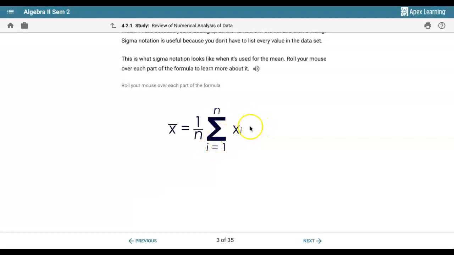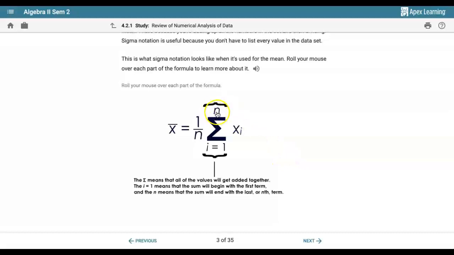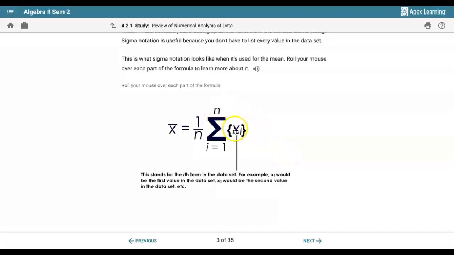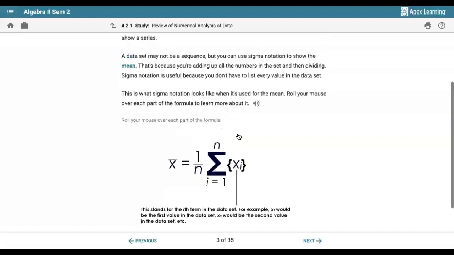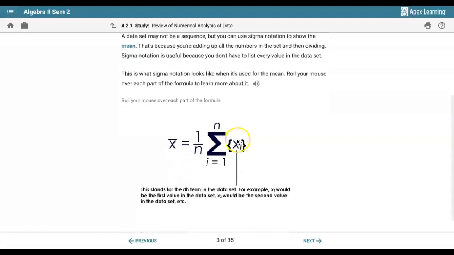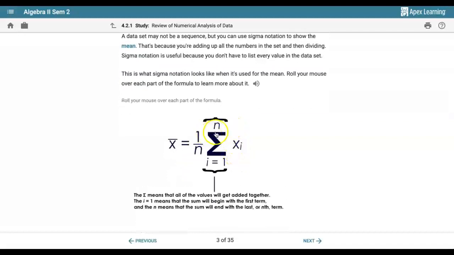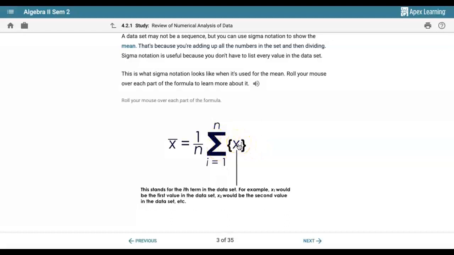Then if we kept going, we'd say x2, x3, x4, x5, all the way up to n equals 5. x1 would be the first value in the data set. It doesn't have to equal 1, but it'd be the first value in our data set. Since we have the sigma, it means the sum of all of that, so we would add all of these together.